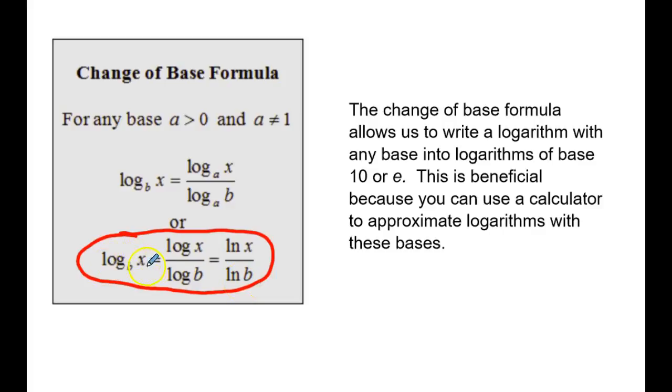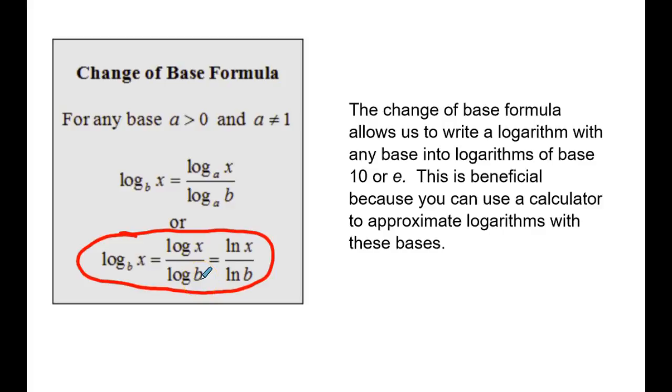So you take the value of this logarithm, that goes in the numerator, so you're taking the common log of that value. Your original base goes to the denominator, so you would be taking the common log of your original base. So you're rewriting this using division.